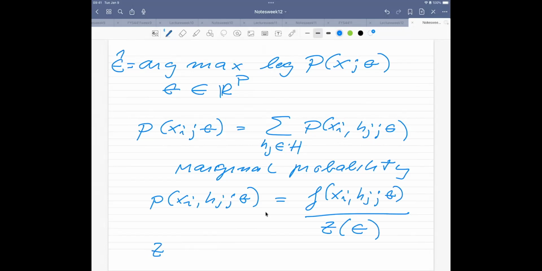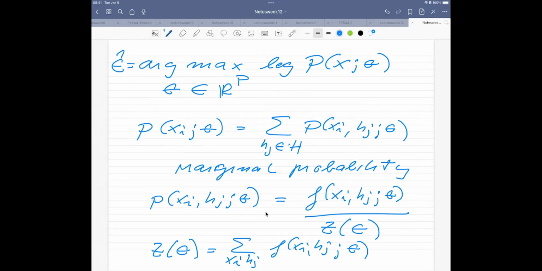And for those of you who have done statistical physics, this is actually now a sum over all the xj's and hj's of this function f of xi, hj of theta. And this is a difficult quantity, the one which also is going to lead later to us introducing Gibbs sampling. So a quick reminder for some quantities which we also are going to introduce.